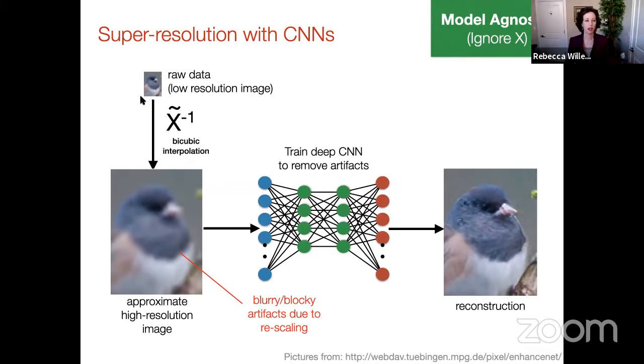So it's an extremely coarse representation of the somehow inverse of the downsampling process. And so my network here has to do a lot of heavy lifting, because it has to learn everything that was not captured by this bicubic interpolation of the downsampling process.